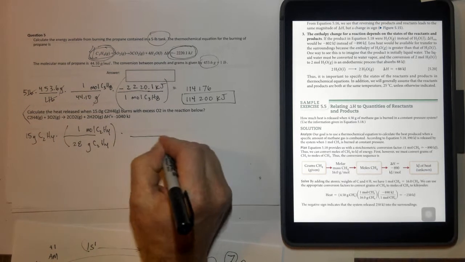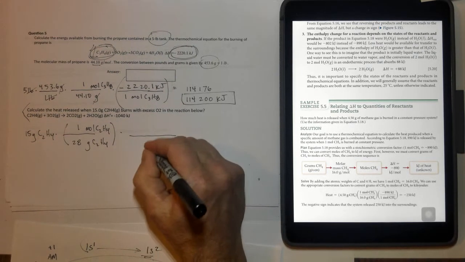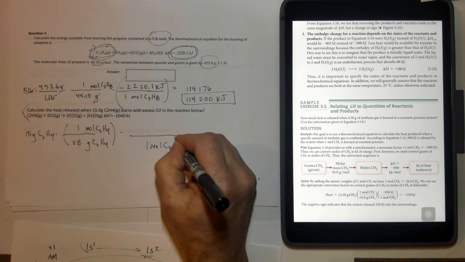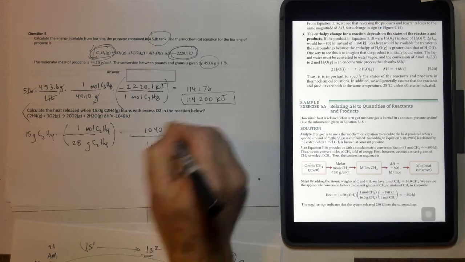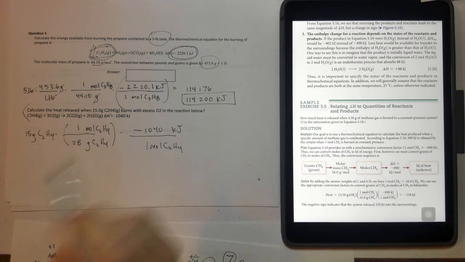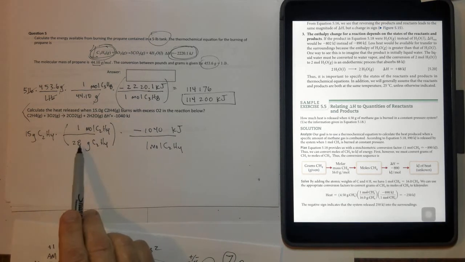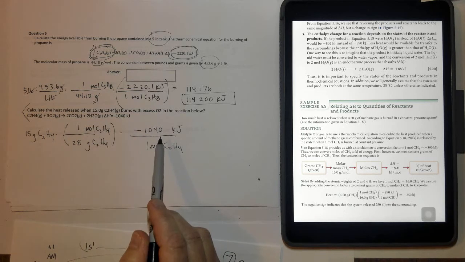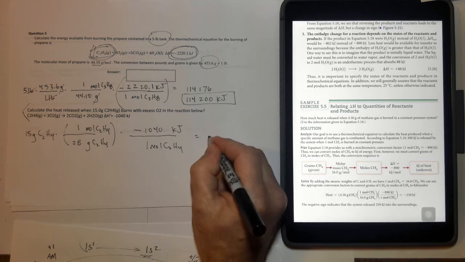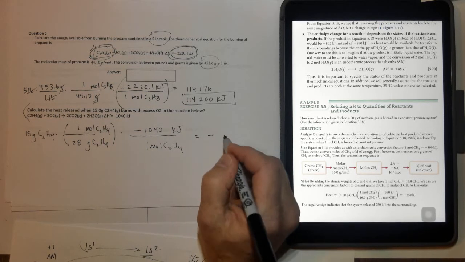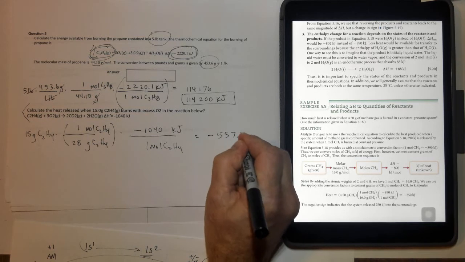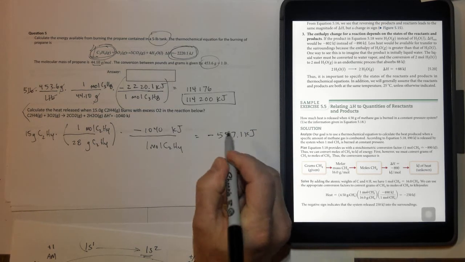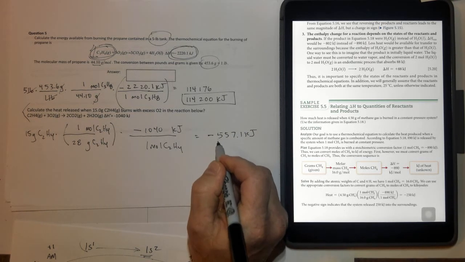And then we can use the relationship from the thermochemical equation. And in 1 mole of C2H4, there are 1040 kilojoules of energy that are released. See this minus sign right here? Divide those two, multiply by 1040, and we end up with a negative sign, 557.1 kilojoules of energy, and of course that's energy that is released.